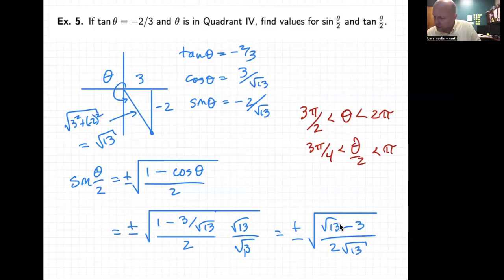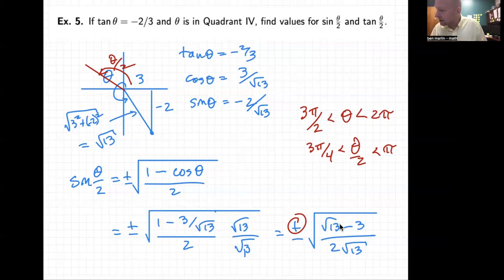That is actually going to put you somewhere over here in this range. So this is where our theta over 2 is. It's in the 2nd quadrant. In the 2nd quadrant, sines are positive. And so we have a positive square root of all this stuff. Okay? So that gets us through that.